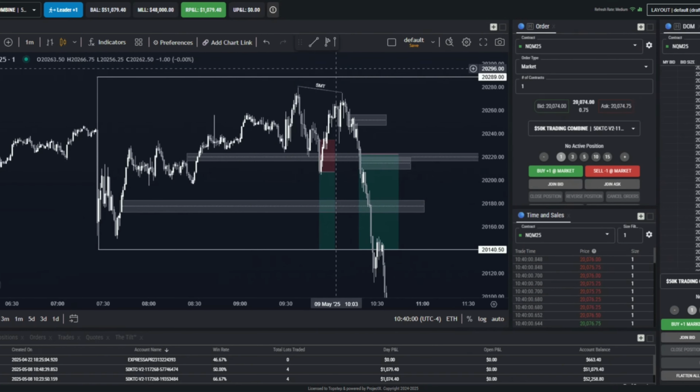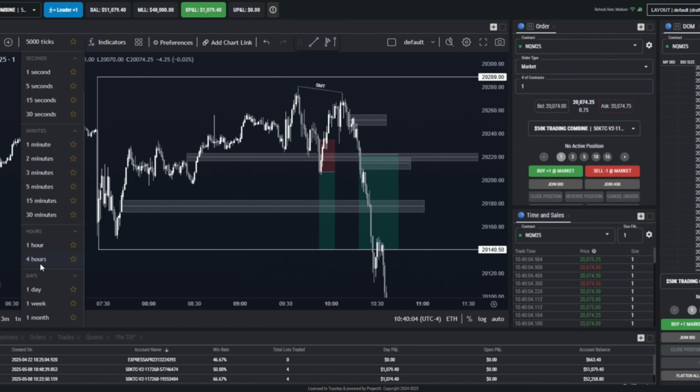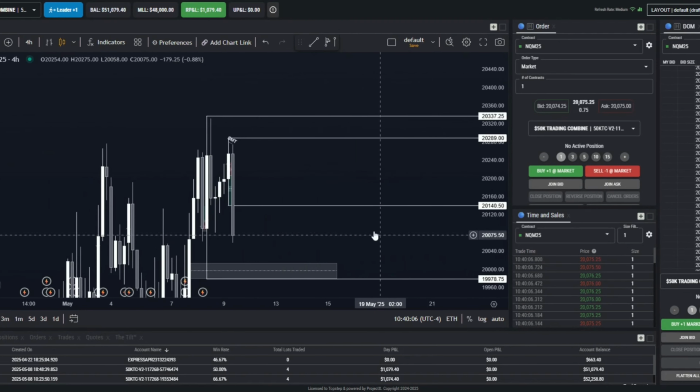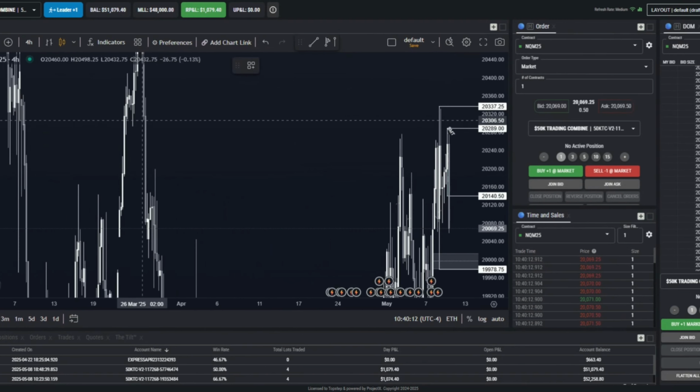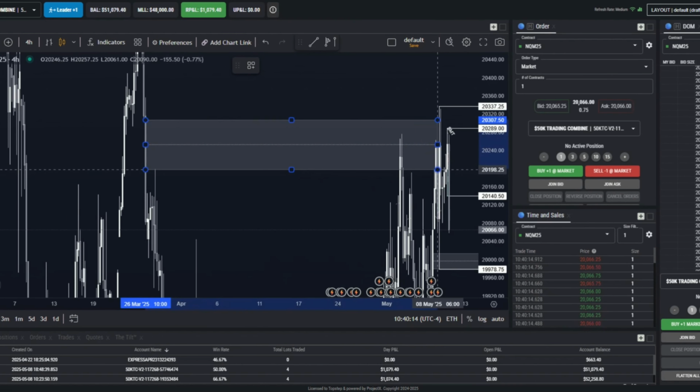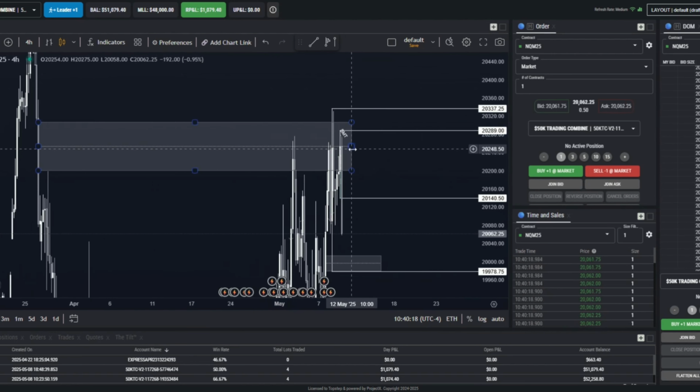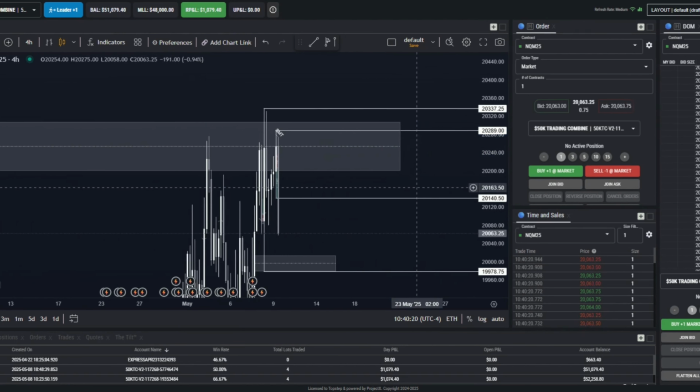We never swept these highs, but we still reversed. Also being inside a 4 hour bearish fair value gap right around here gave me confluence to short, even though we never got the sweep of these highs.